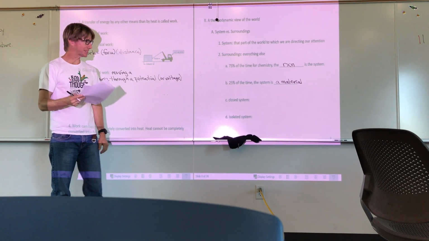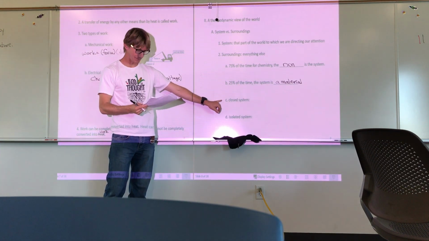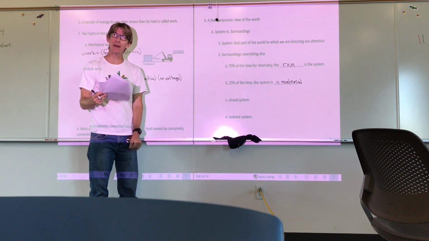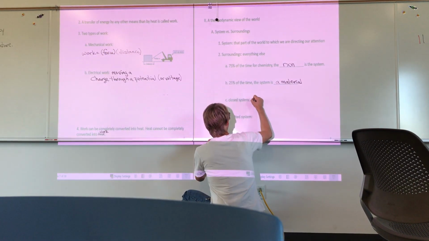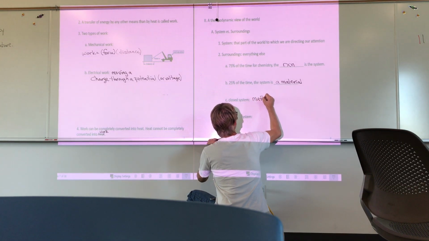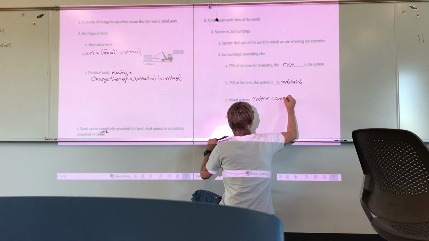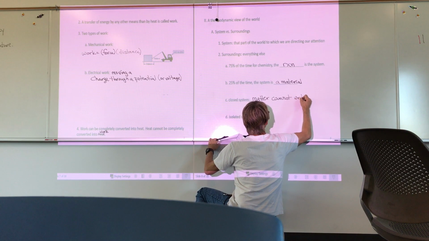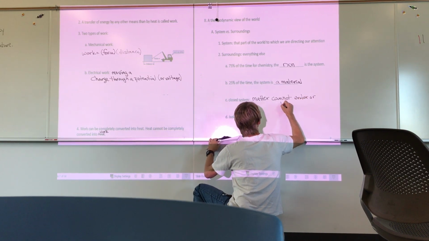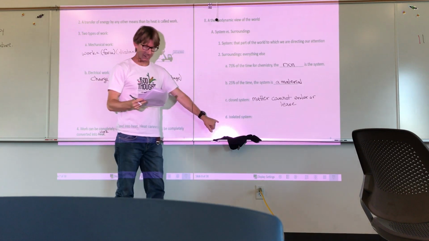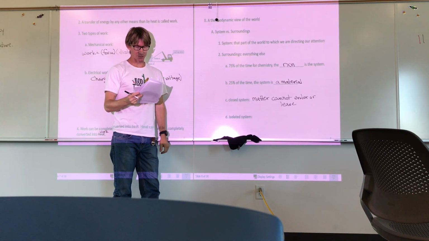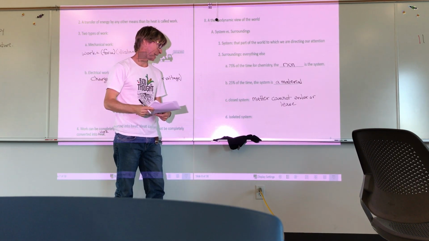Next, a closed system, and these are definitions, is a system in which matter cannot enter or leave. And an isolated system is a system in which matter and energy cannot enter or leave.